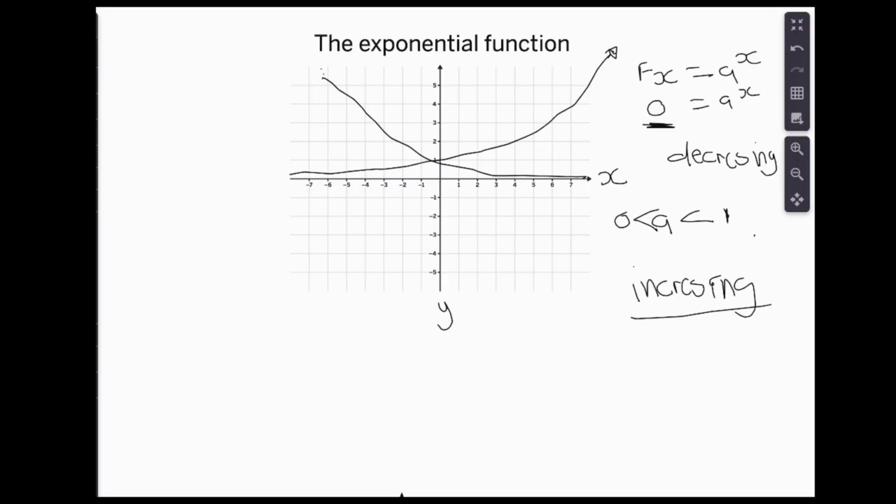This means that a would be greater than 1.